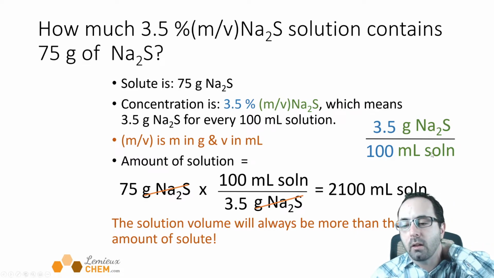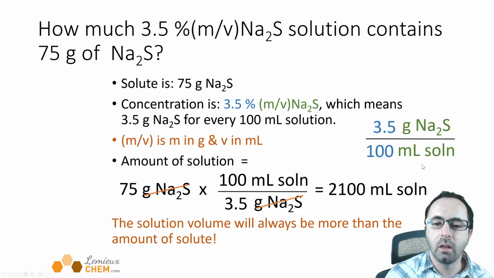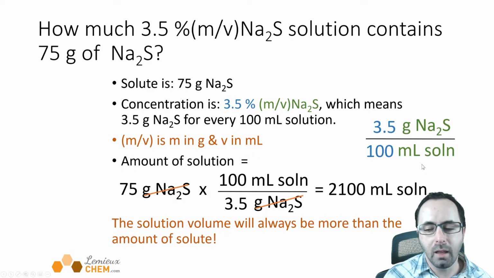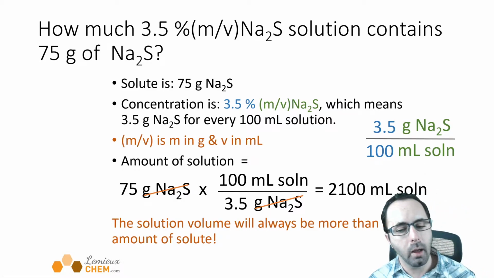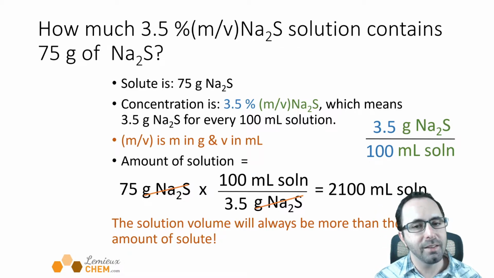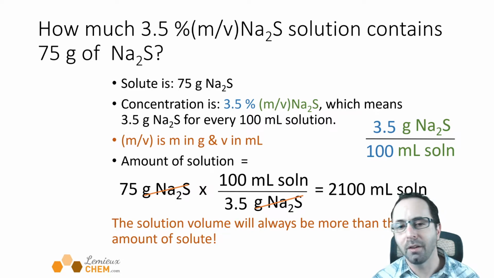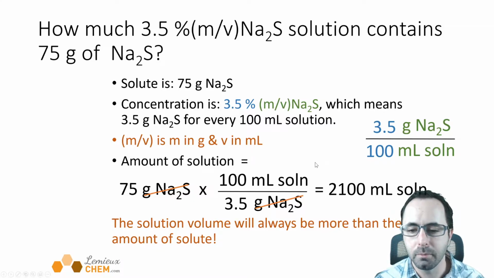This is harder to compare in this question because it's hard to compare grams to milliliters. You're not comparing apples to apples. But if you're comparing the same unit, you should definitely take a look. Is there more of my whole solution than there is solute? Because if there isn't, then you know something went wrong. The solute is a part of the solution, so the solution should always be more in amount than the solute.